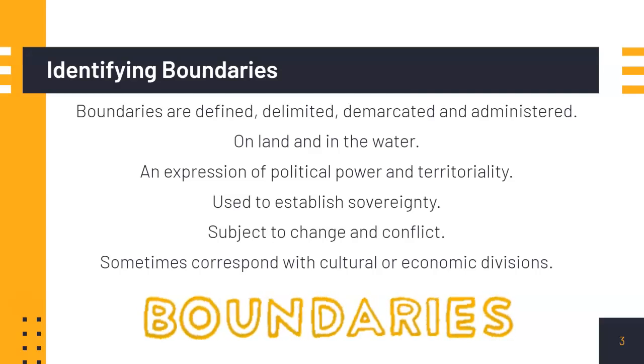Delimitation refers to the drawing of a boundary on a map, setting the lines clearly. Demarcation involves physically marking the boundary on the ground, using fences, walls, or other markers to show the boundary in real-world space. Lastly, administration refers to the enforcement and management of the boundary, including border patrols and regulations.